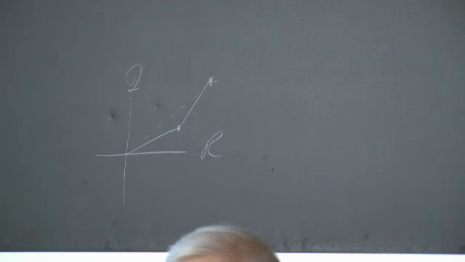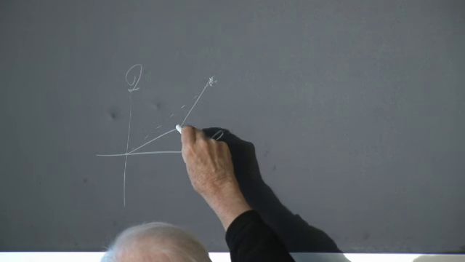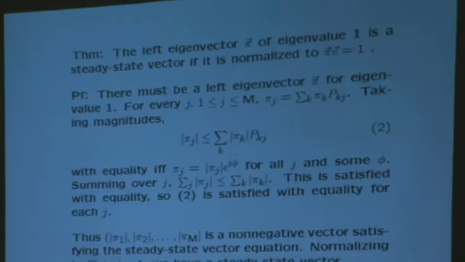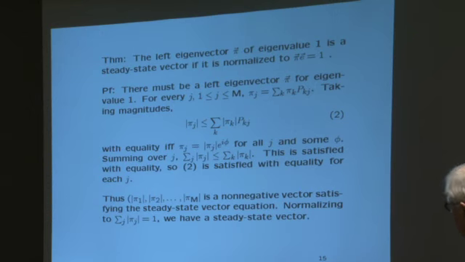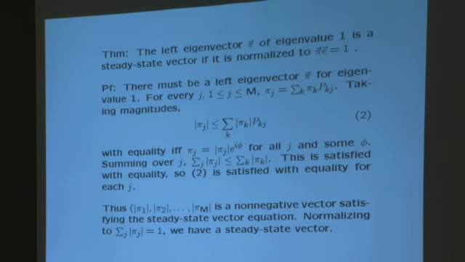That's all that equation is saying. And this is equal to this distance plus this distance if and only if each of these components of the eigenvector that we're talking about are all heading off in the same direction in the complex plane.